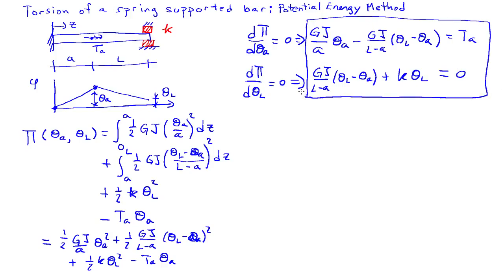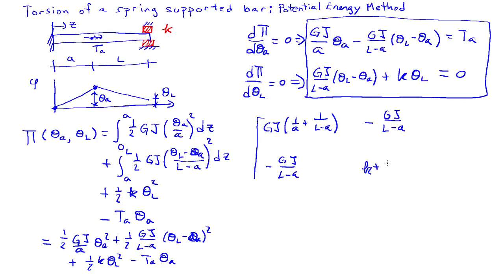These are the equilibrium equations for my system, and we can rewrite these, say, in a matrix form. Maybe it makes it a little bit clearer what's going on. GJ times 1 over A plus 1 over L minus A, minus GJ over L minus A; minus GJ over L minus A, and then K plus GJ over L minus A. So you'll notice that the system matrix here is symmetric.